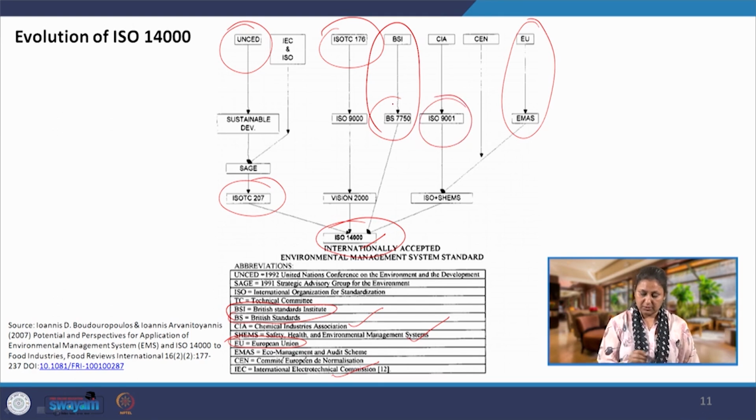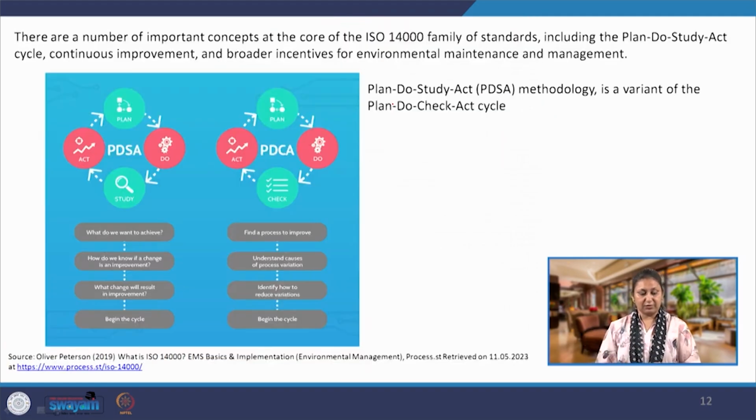So, here we are talking about ISO 9001, ISO Technical Committees 207 and 176, UNCED, European Union, British Standards, all of them contributing to the development of the ISO 14000 series. We are talking about ISO 14001 for the first time, and then we will move on to ISO 14064.